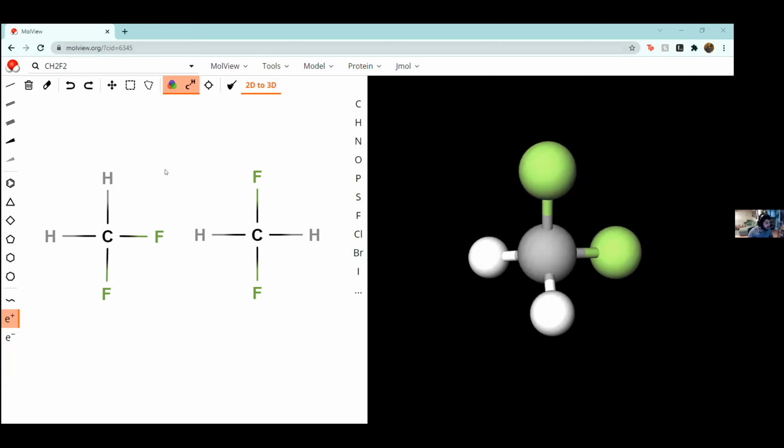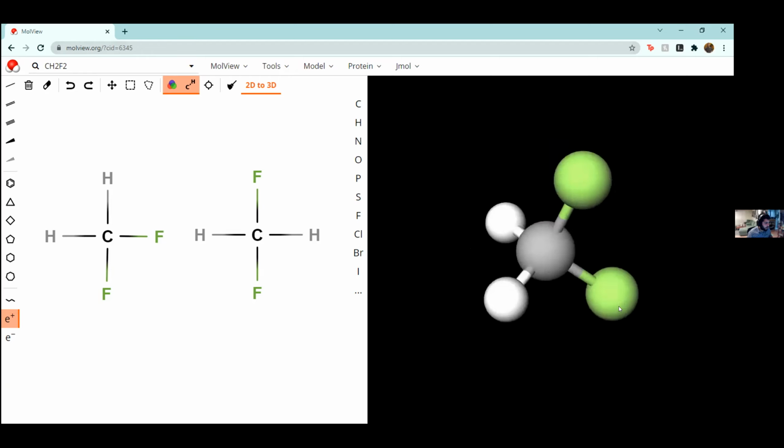So what I did is I drew our two things right here. We have on the left side, carbon with two fluorines on one side and two hydrogens on the other, where we can tell there's going to be a dipole, and carbon with a fluorine on the top and bottom and hydrogen on left and right, which looks like it would cancel. But MolView realizes this is the same compound.